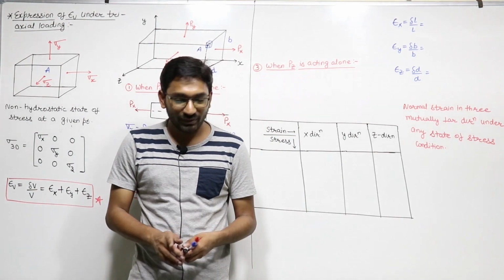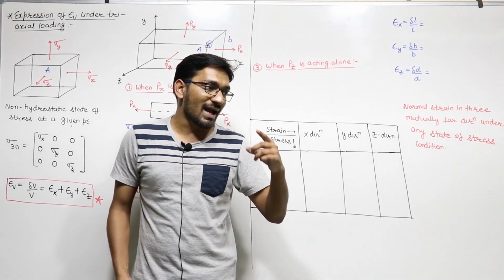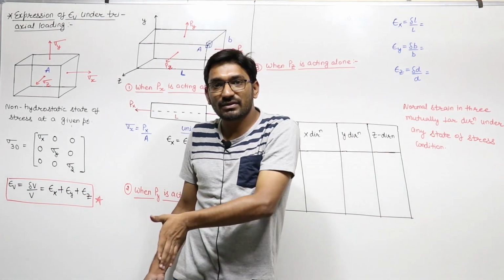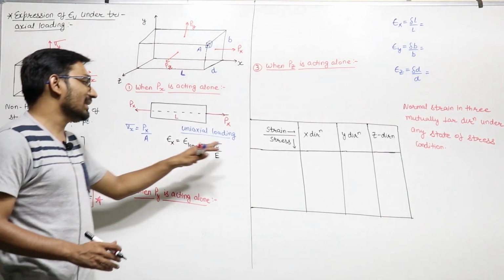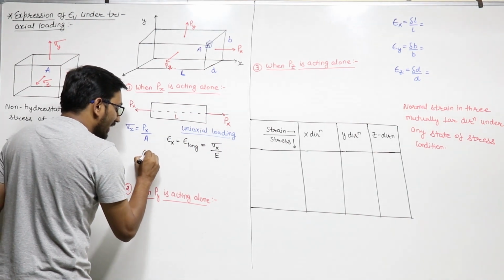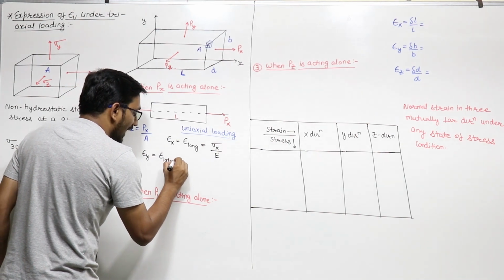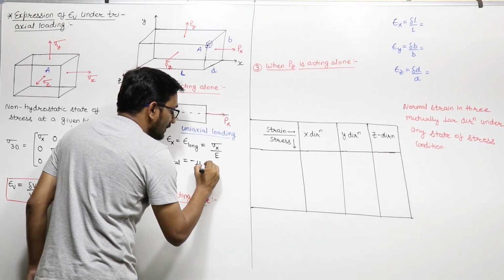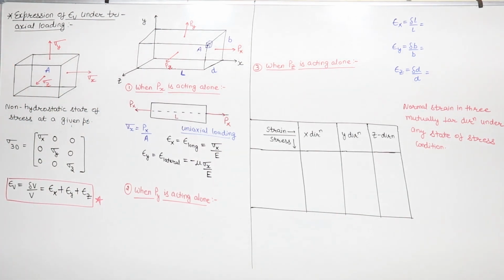So I can say that if epsilon x is a tensile strain, then because of Px there is a strain in the y direction, that is a lateral strain, and that will be equal to minus mu times epsilon x.